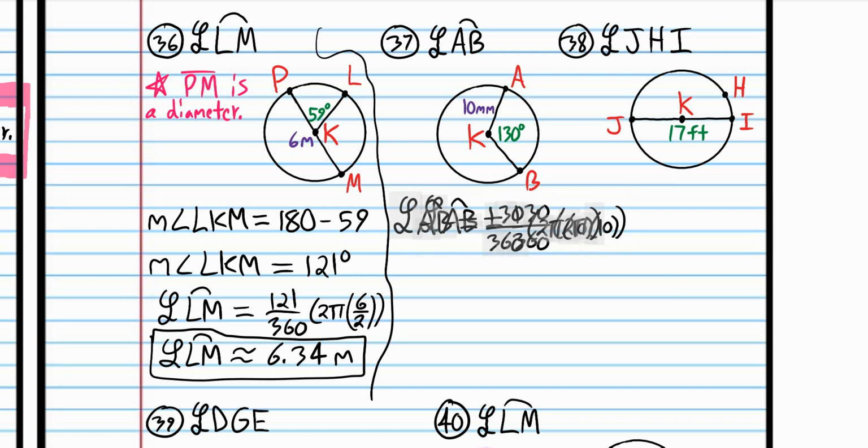And as you saw in the previous problems, these are just basically calculator problems. 130 divided by 360, then times that by 2, and then times it by pi, and make sure you use the pi button in your calculator, equals, and then times 10 equals 22.69. That was kind of a weird one to round, so be aware the rounding is a little weird on that.